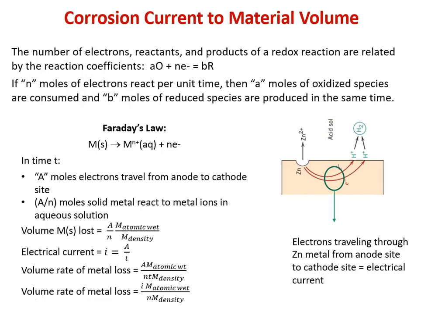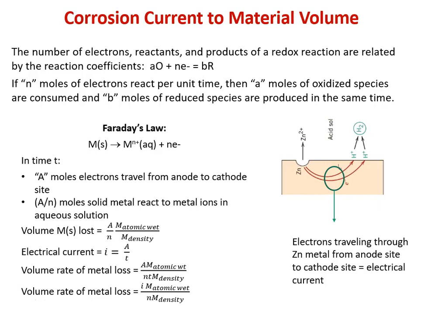And so we end up with the volume rate of metal loss as being our corrosion current times the atomic weight of the metal that is corroding over the number of electrons per mole of metal lost, and that's the stoichiometric coefficients in the reaction, the N up in our reaction, divided by the density. And typically N is known, very well known for each different type of corrosion reaction.